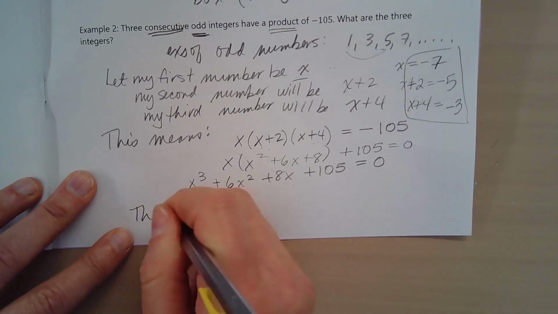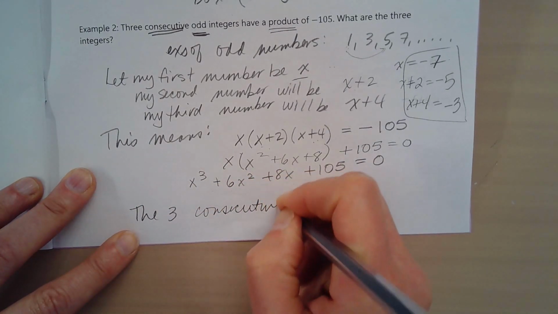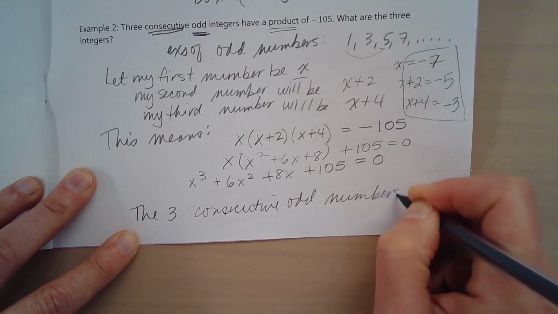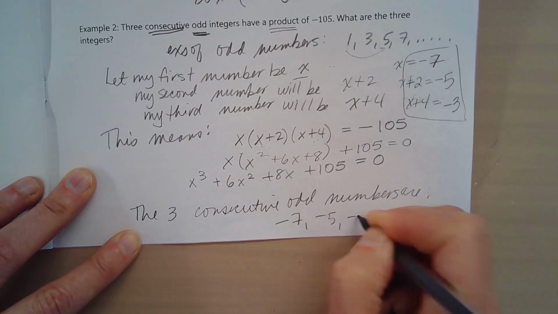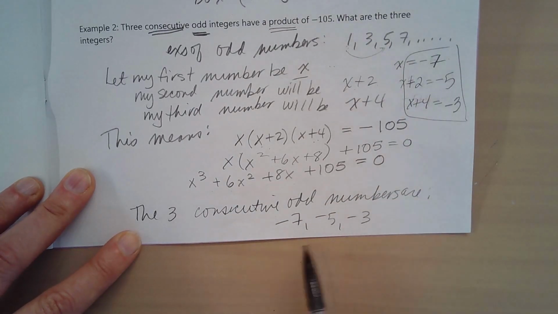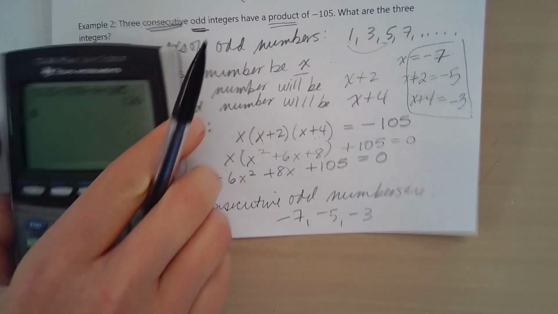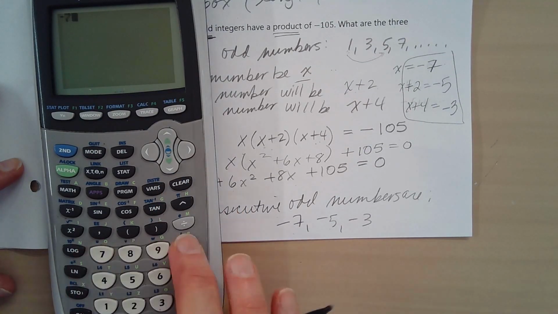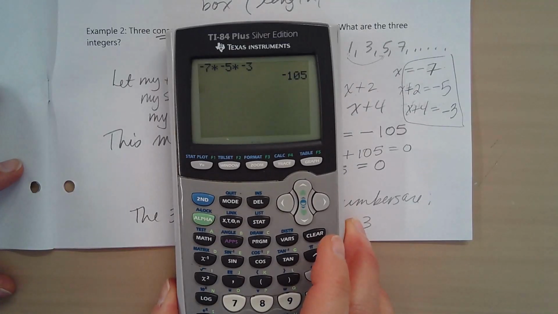The 3 consecutive odd numbers are -7, -5, -3. Are those consecutive odd numbers? Yep. Do they multiply out to give me -105? I think so. -7 times -5 times -3. And there we got our -105.